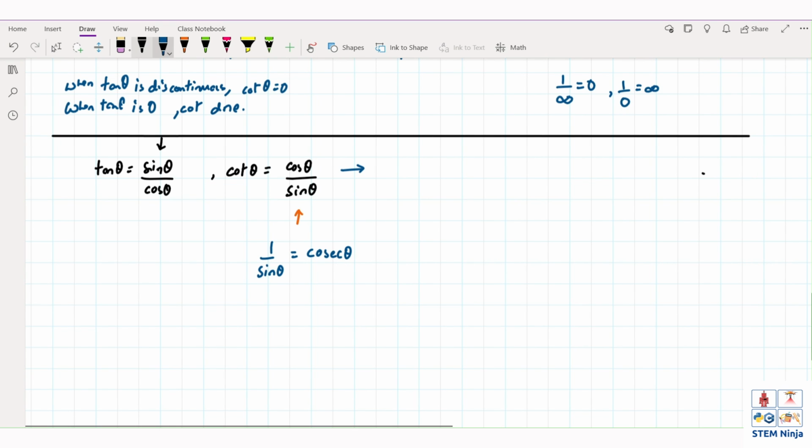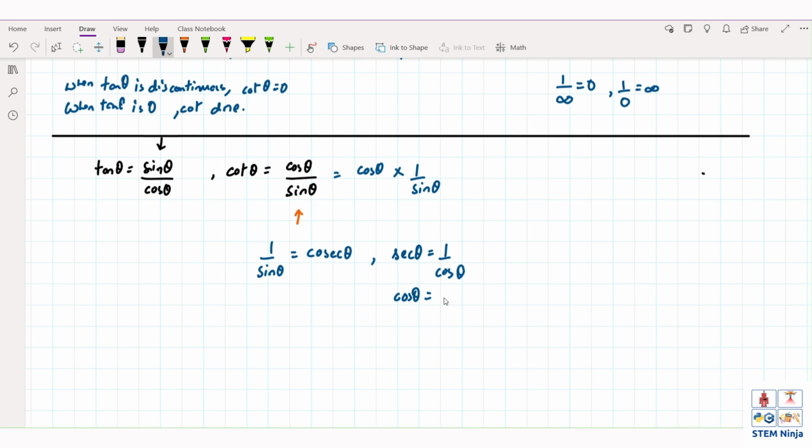Actually, what you can do is split it the way I'm trying to show you. So cos theta times 1 over sine theta. 1 over sine theta is cosecant theta, and since secant theta is 1 over cos theta, cos theta itself is the reciprocal of secant theta.